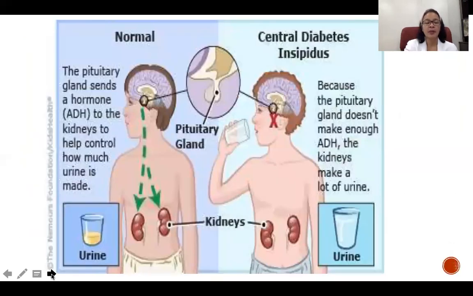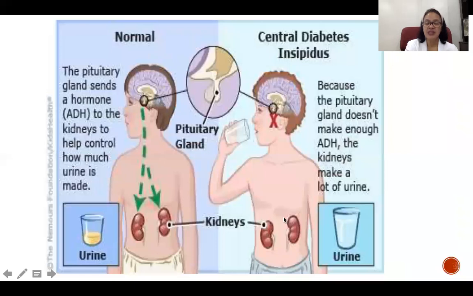So this is the normal, no? So the pituitary gland here, as we all know, will send your ADH to the kidneys in order to control how much urine is made.